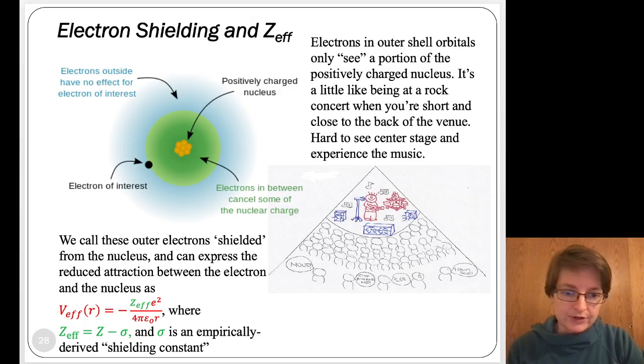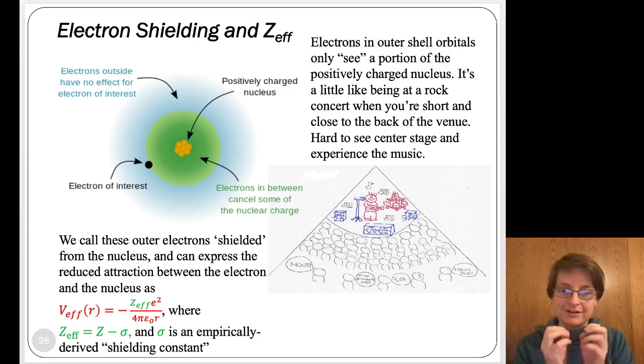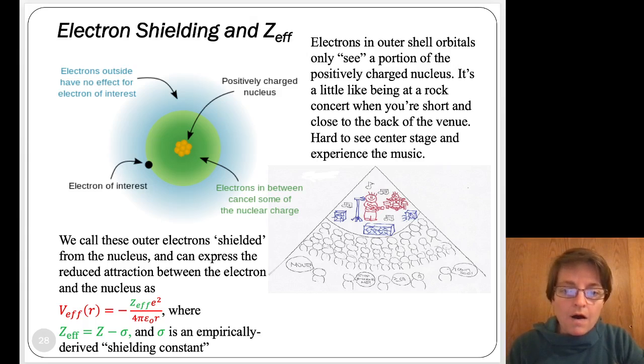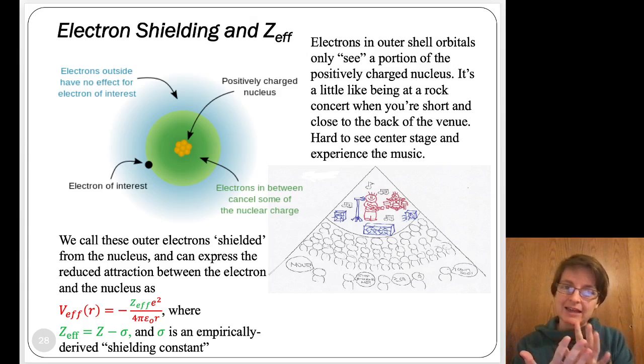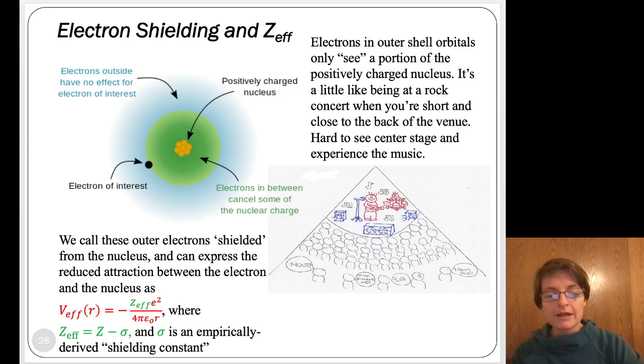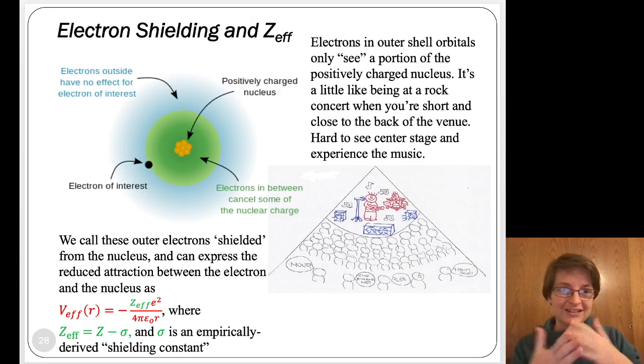How this relates to electron shielding is that if you envision our nucleus being our band, our center stage, all of the electrons that are spending time in between you, an electron of interest, and the nucleus are canceling out some of that interaction that the electron would normally have with the nucleus. We call outer electrons that are experiencing a kind of shielding effect from the nucleus shielded.